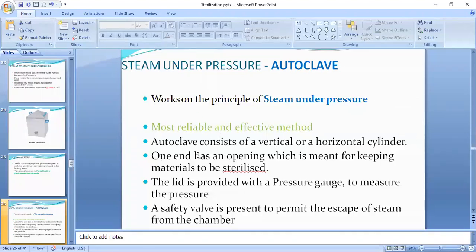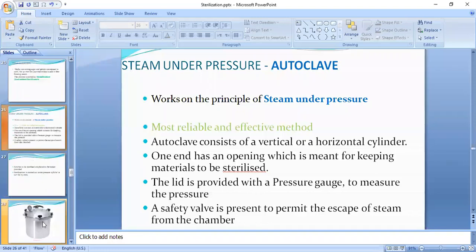The autoclave may be in the form of a vertical or a horizontal cylinder, and the pressure gauge is also present. So this is the image of the autoclave.